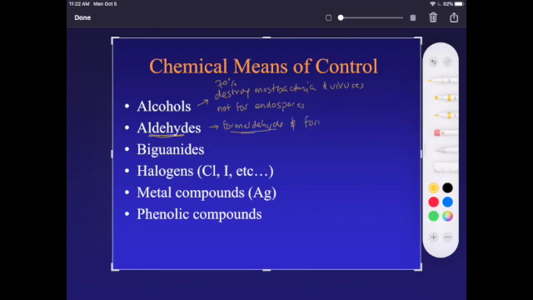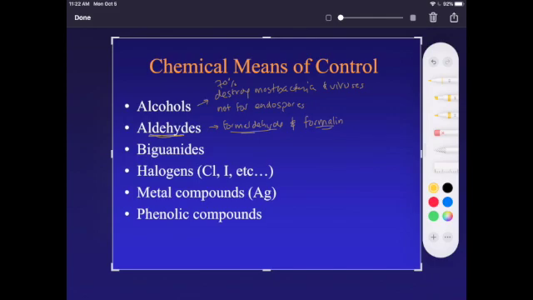Formalin is used similar to formaldehyde to preserve biological specimens. For example, if we're going to cut sections and put them on slides for pathology.